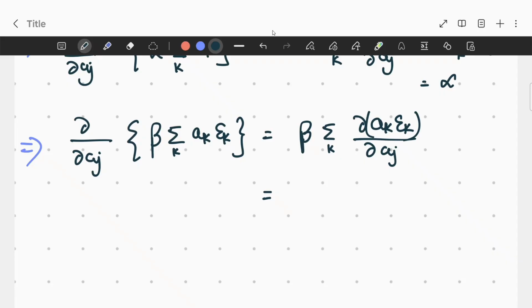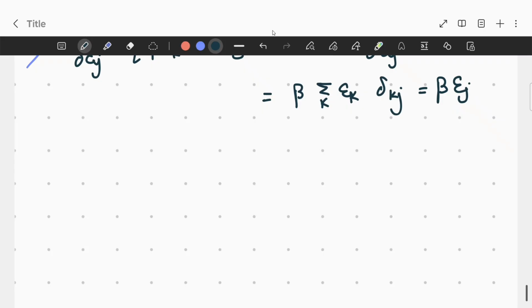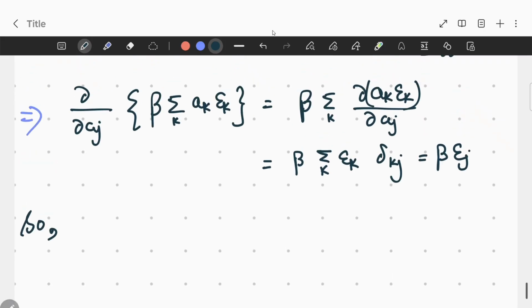Not e. So e is actually constant, beta, but e_k is not out of the summation. So this summation is getting the Kronecker delta, right? It will survive only when k equal to j. For only this Kronecker delta part, k equal to j. But the other part is multiplied, so 0 multiplied with something will be 0.